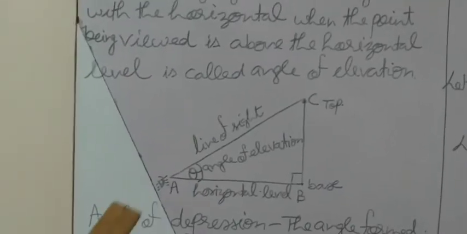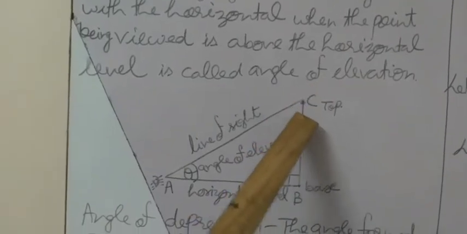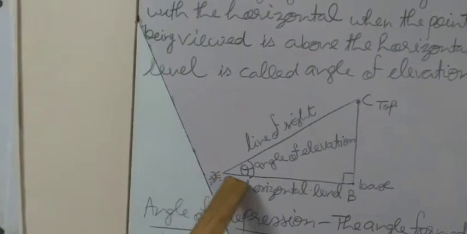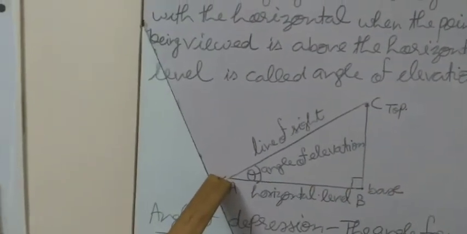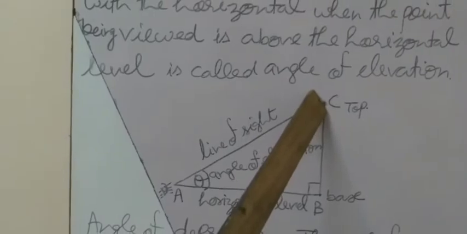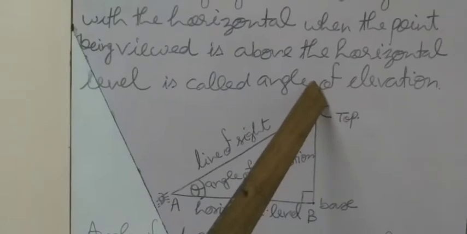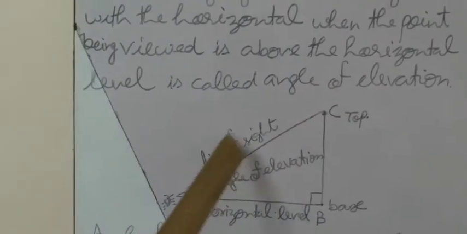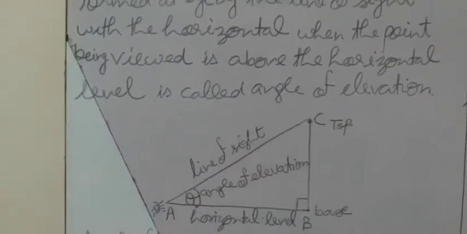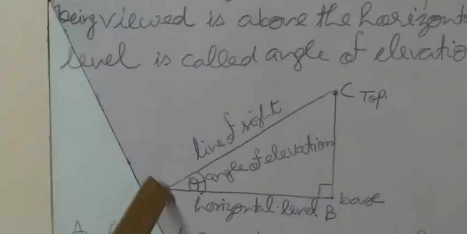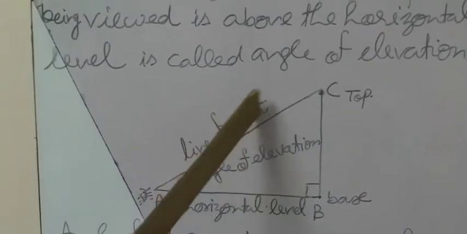So in this figure, students, you can see the object is situated at C and this is the horizontal plane, meaning level of earth, and the observer wants to see the object which is situated at C. Suppose BC is a building, so C is the top of the building and the observer wants to see the top of the building from the point A. So this is the line of sight.